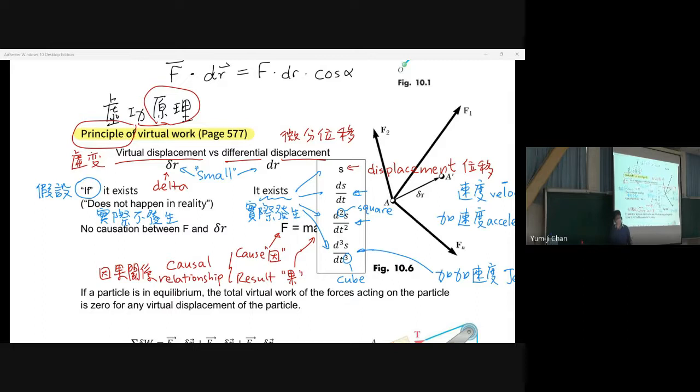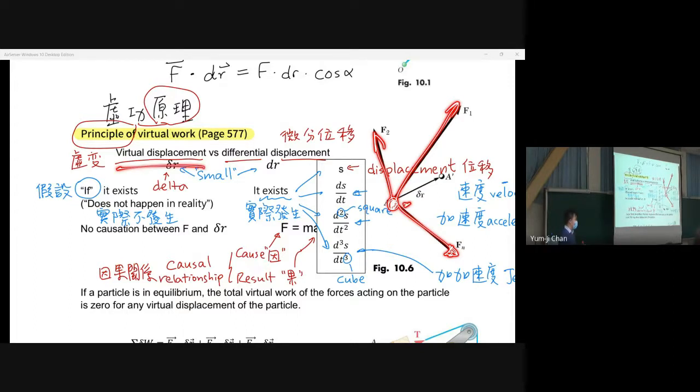That's the first thing. The second thing, let's take a look at this part, this mass A. Suppose it has three forces acting on mass A, on point A. And then we consider one virtual displacement.